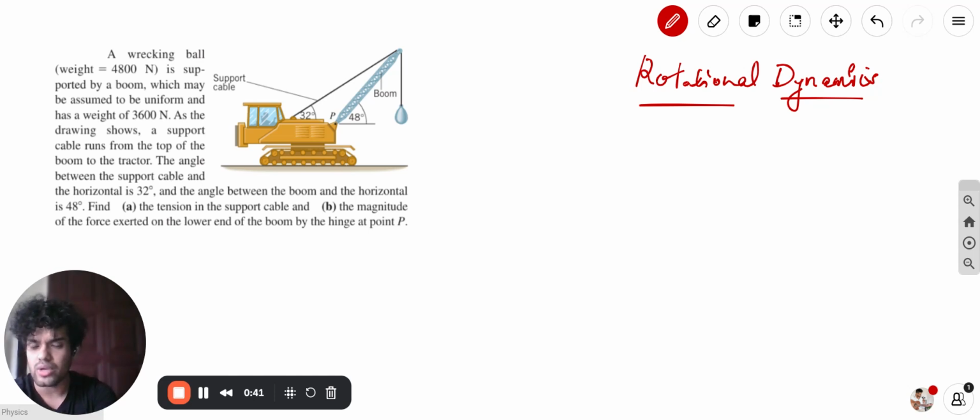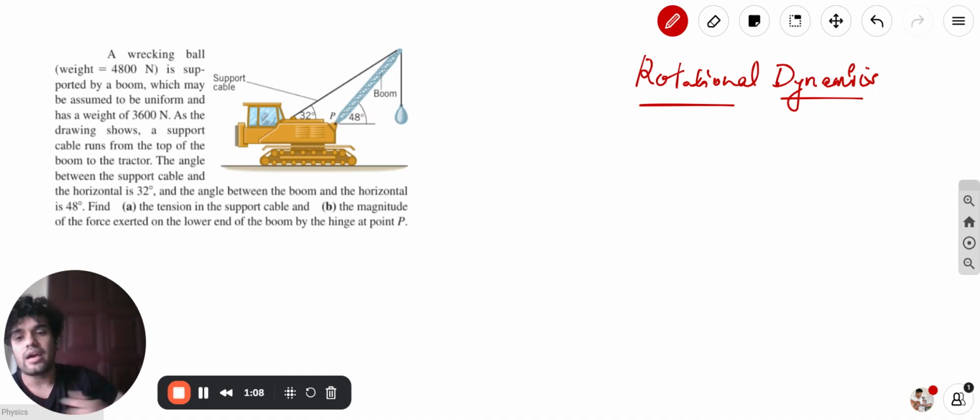Here we have a wrecking ball, which weighs about 4,800 newtons, supported by a boom, which may be assumed to be uniform and has a weight of 3,600 newtons. As the drawing shows, a support cable runs from the top of the boom to the tractor. The angle between the support cable and the horizontal is 32 degrees, and the angle between the boom and the horizontal is 48 degrees.